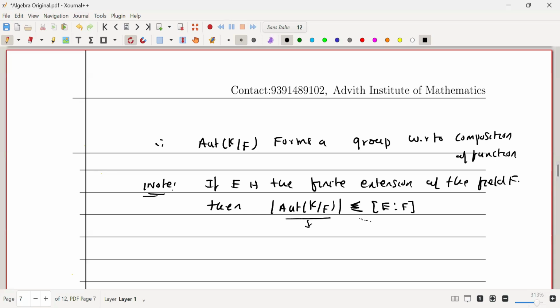If it is a Galois group, then both are equal. Otherwise, if it is not Galois, then these two are not equal.